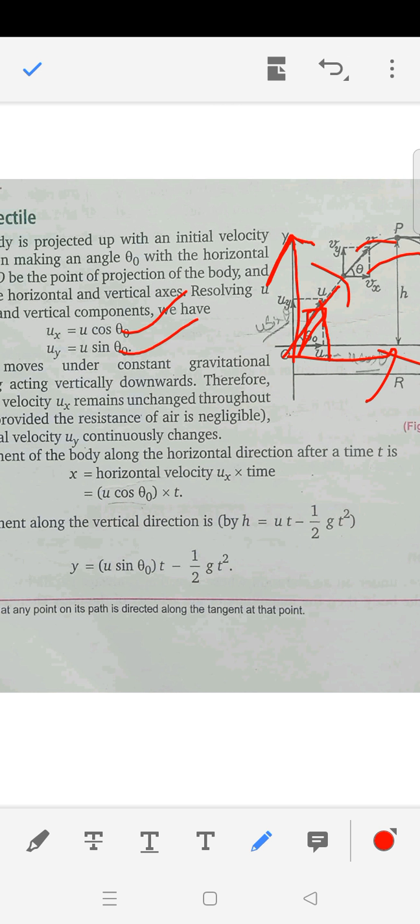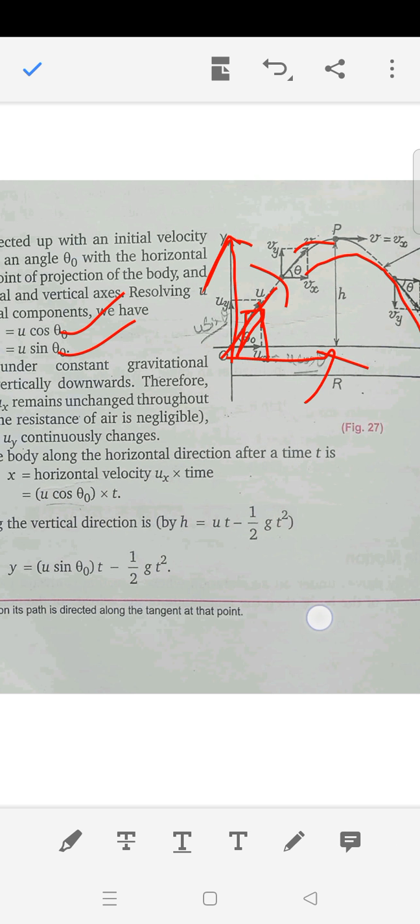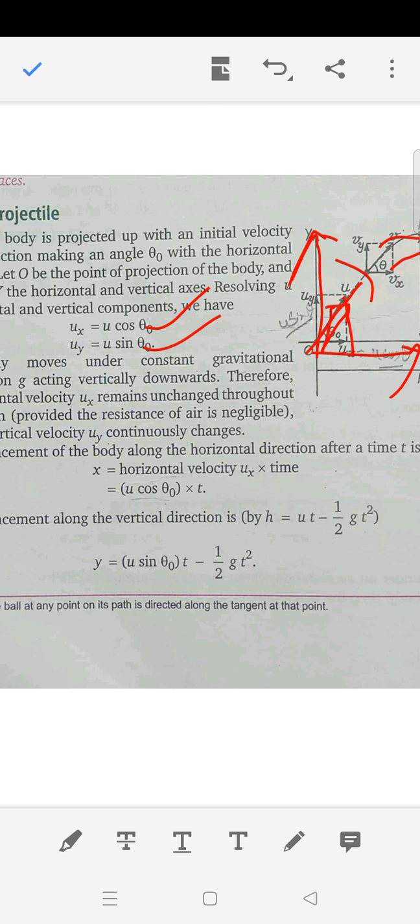One thing you have to observe: whatever acceleration the particle has is along the y-axis. There is no acceleration along the x-axis. This we have to understand.